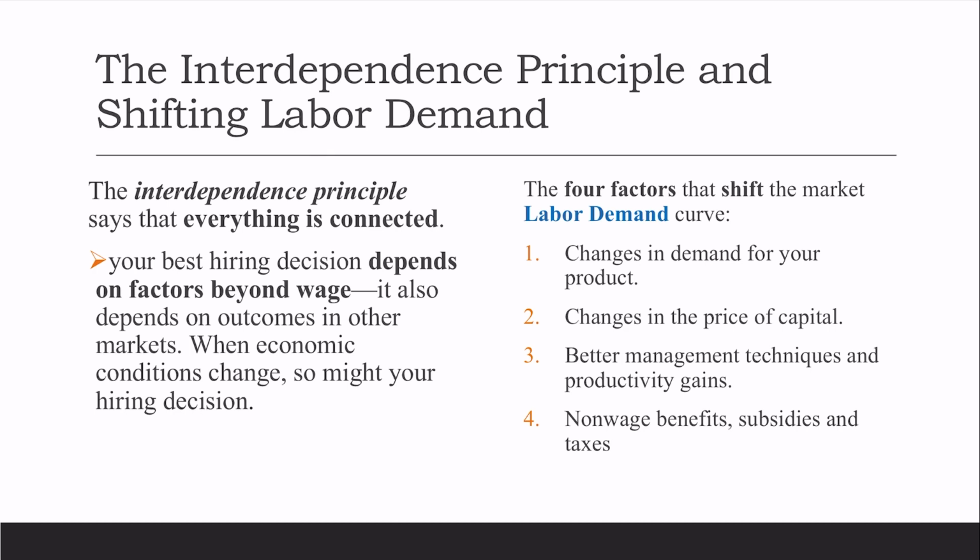So the change in the price of capital can work as a substitute, if we need a machine that replaces the work, and it can also work as a complement, like we need more labor if we buy more machines. So that's the way it works. It depends on the nature.